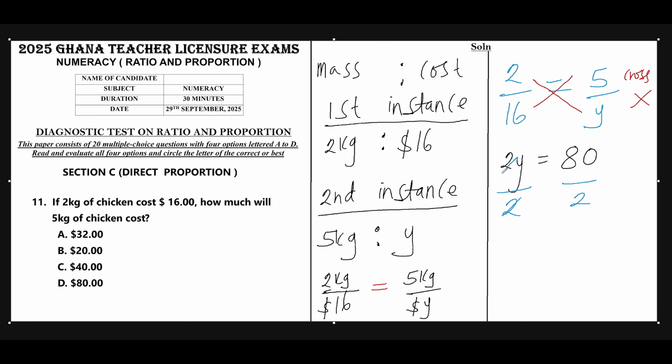So the 2 will cancel out, leaving Y as 80 divided by 2. That is 40. So it is clear that a 5 kilogram chicken will cost $40. So we select option C.